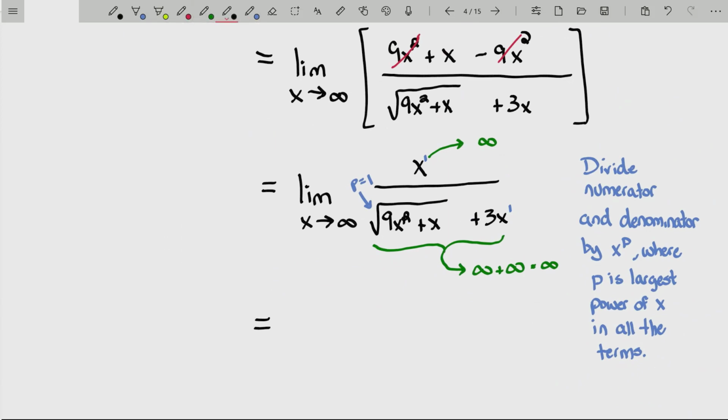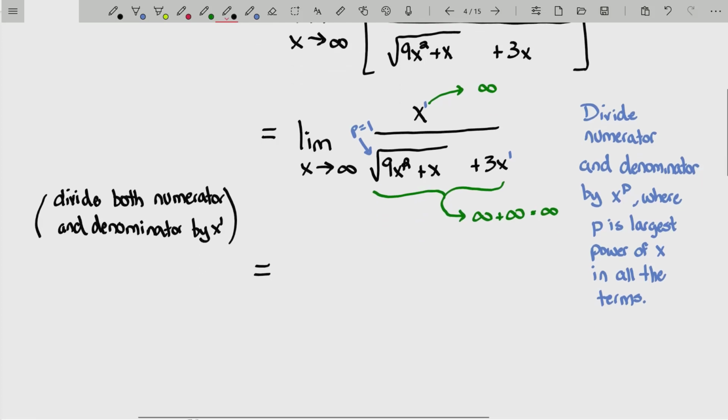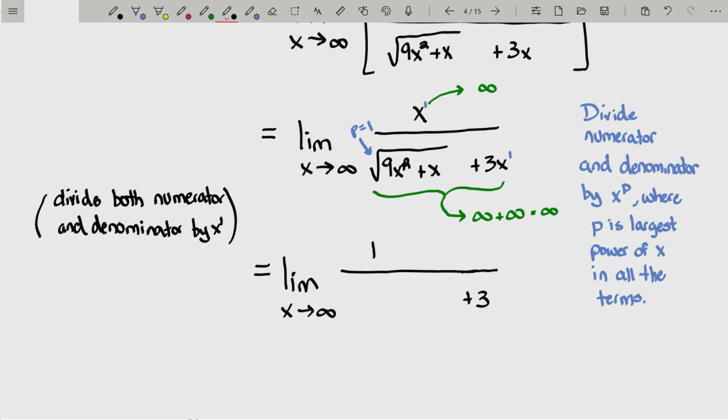This is equal to, and off to the left-hand side, I'm just going to say divide both numerator and denominator by x to the first. So I'm just stating that here. So our limit as x approaches infinity becomes 1 over, I'll write plus 3 on the back end, because that's what that last term is when you divide it by x to the first.